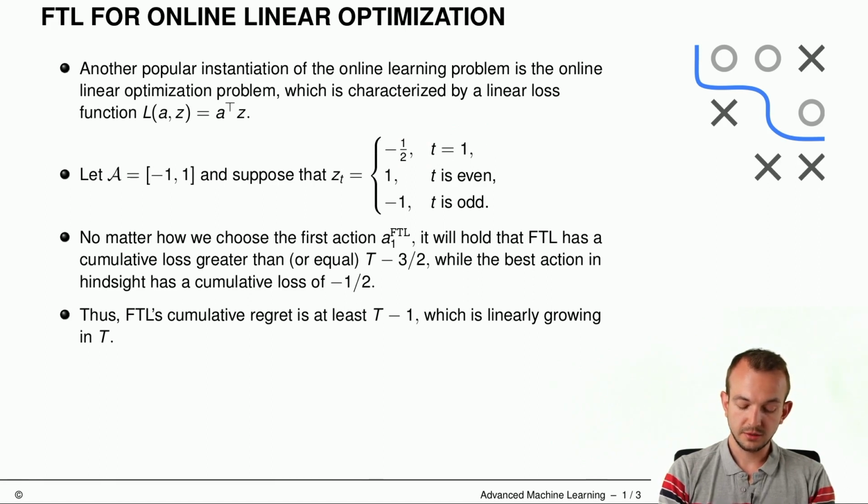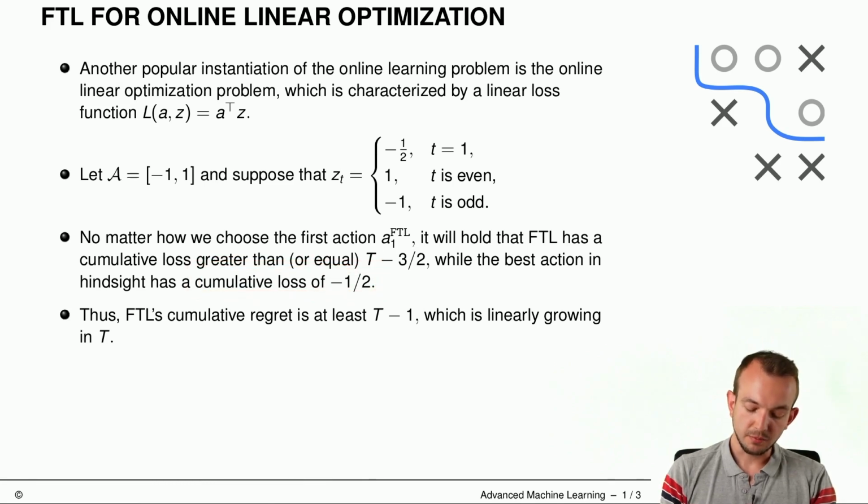But still, the cumulative loss of the follow-the-leader algorithm will be exactly or even greater than the time horizon t minus 3/2, which is obviously linearly growing with the time horizon. But the best action in hindsight, in fact, will have a cumulative loss of simply -1/2.